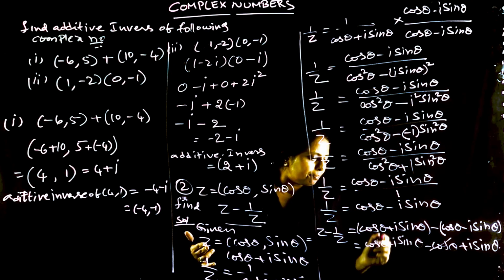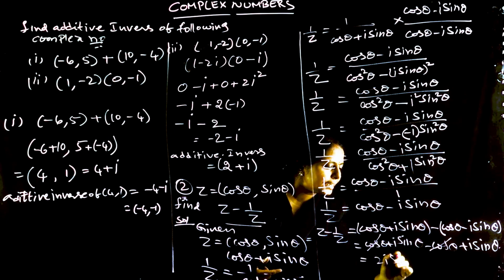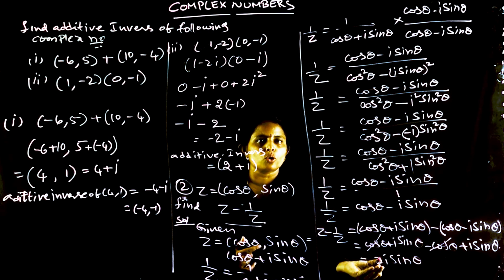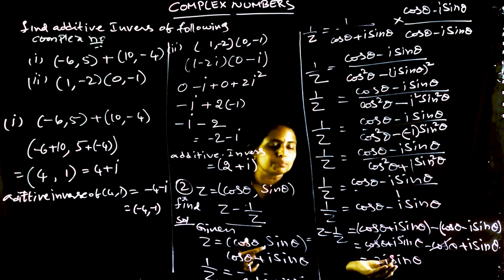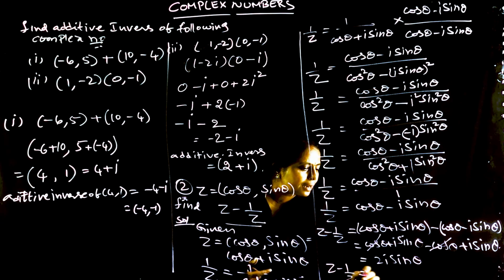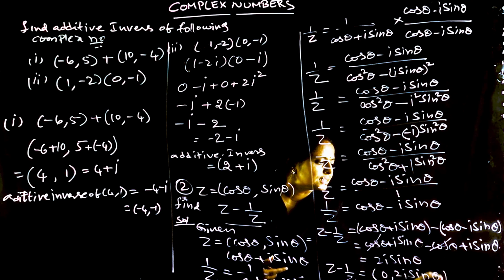We can cancel positive and negative cos thetas. So it is 2i sin theta. So here there is no real part. We are getting only imaginary part. So it is a purely imaginary complex number. So z minus 1 by z can be given as 0 comma 2i sin theta.